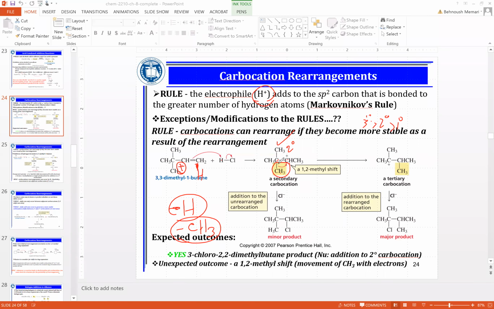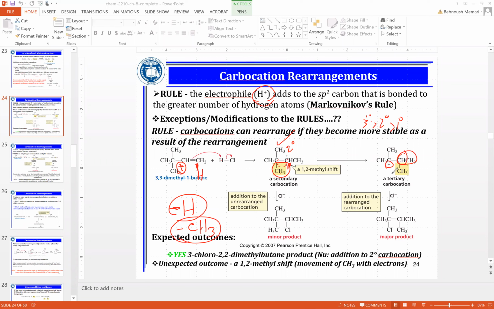So you bring a pair of electrons, and the carbocation gains the pair of electrons, so the charge goes away. You see here, there's no charge on this carbon, but the carbon that is losing the methyl group with the pair of electrons now has only 6 electrons. As a result, you would get that plus charge.